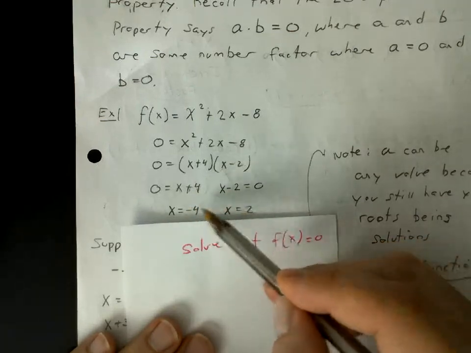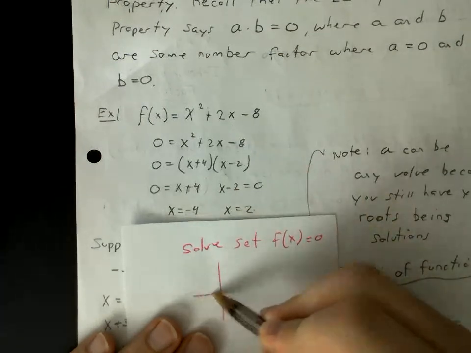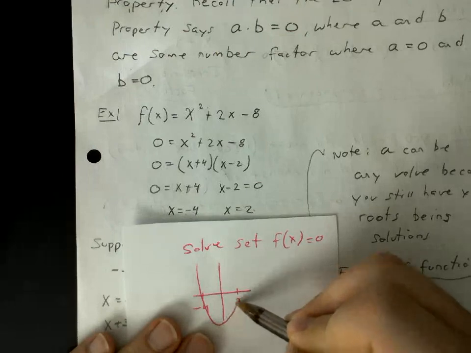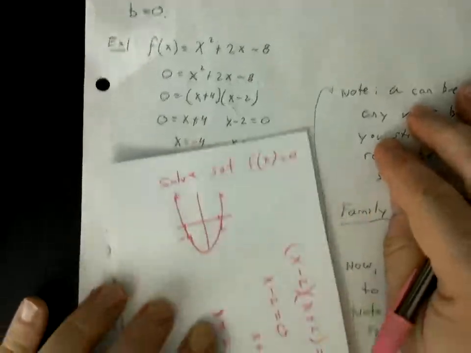So these are what we call the two solutions. If we were to graph this, at -4 and 2, your graph would look something like that. This is where they would intersect.